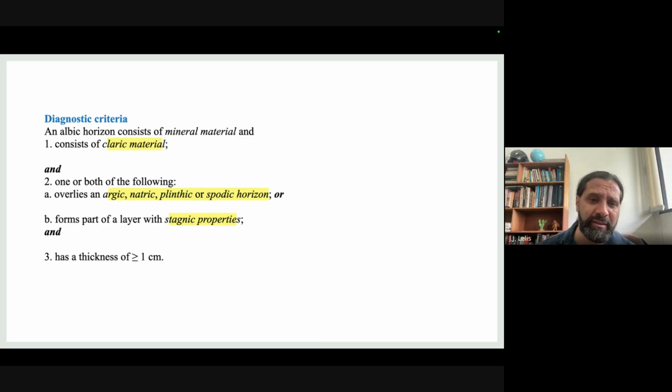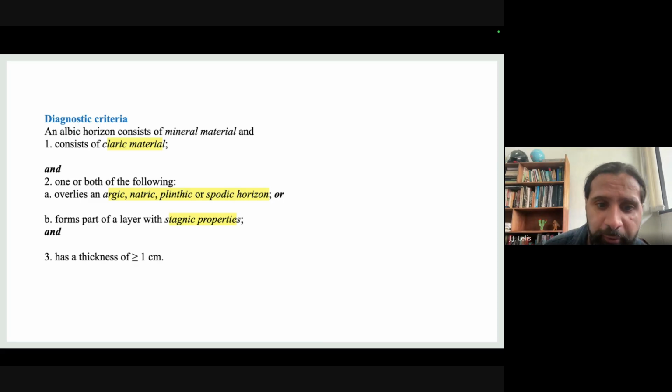And it's quite easy to understand why, because when we have an E horizon, it's usually because something below it receives clay. So we register some of these horizons that could express this clay migration. And the letter B, the other option, is that this Albic horizon forms part of a layer with stagnic properties.